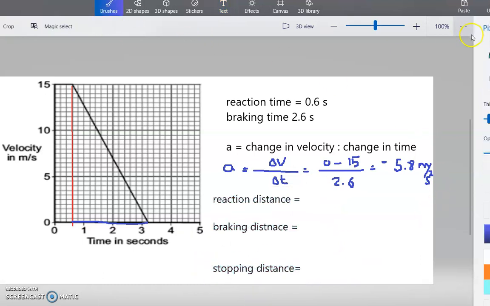Look at that. We had a triangle like this, which is distance, velocity and time. So distance is velocity times time.